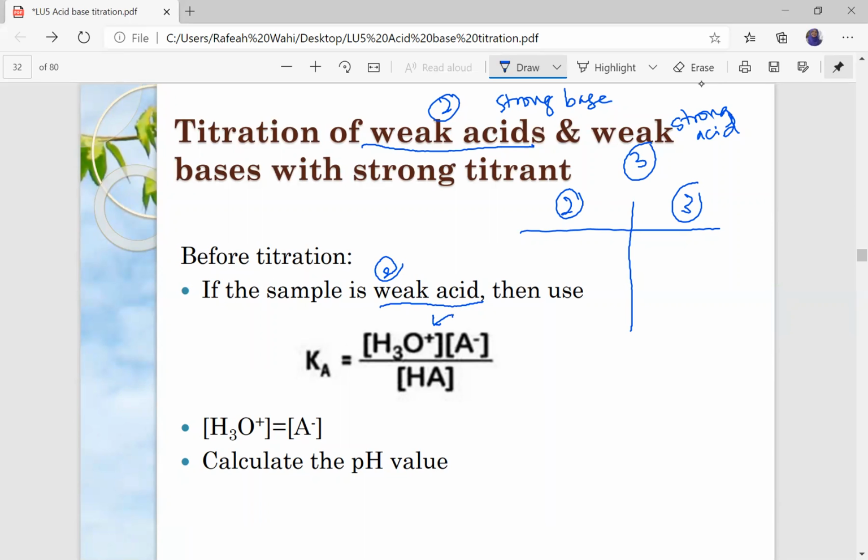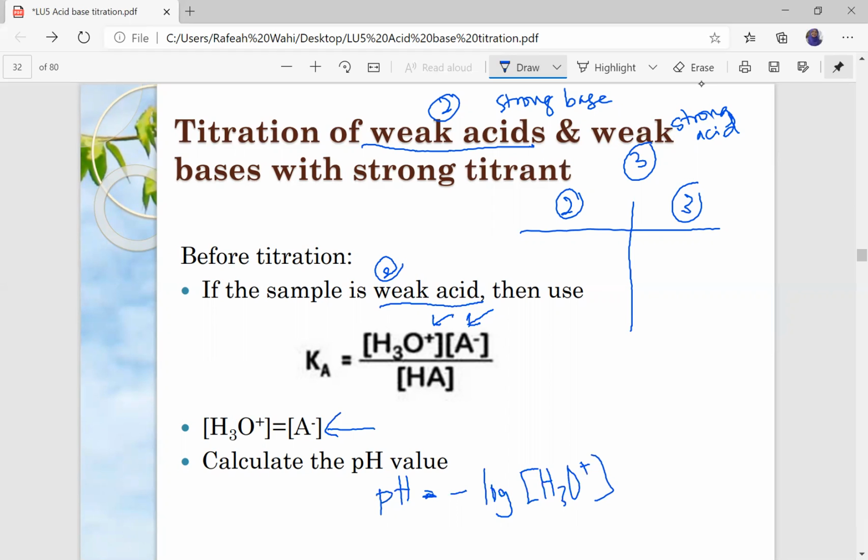We have known that the concentration of hydronium ion here is always the same as the concentration of conjugate base. So from there, you can calculate the pH value. The pH value would be negative log concentration of hydronium ion. All right.